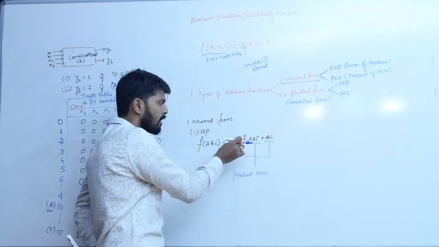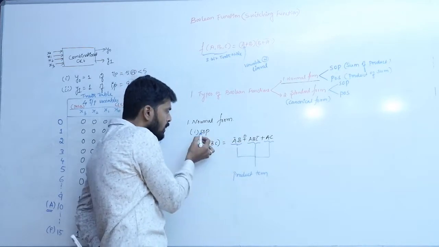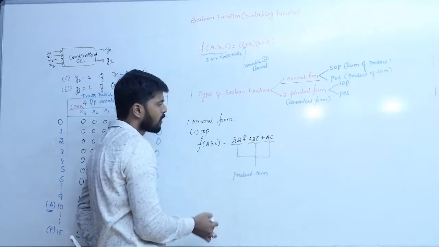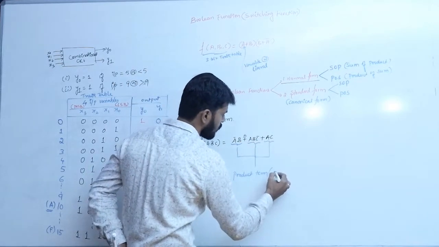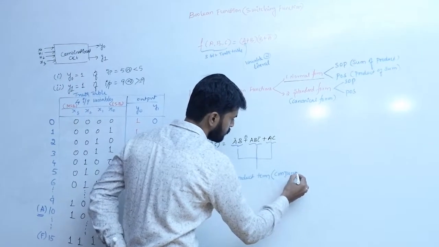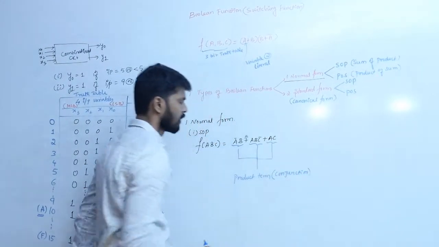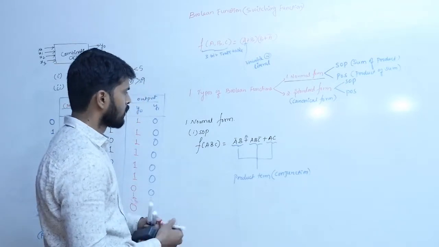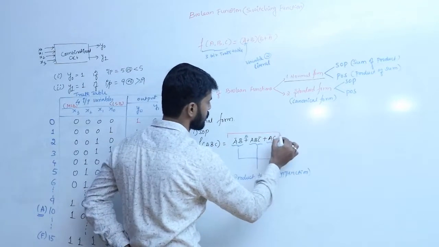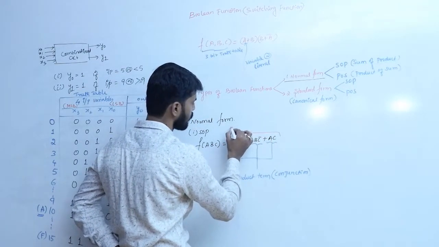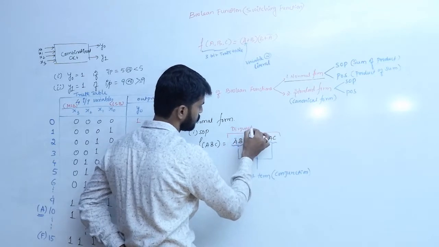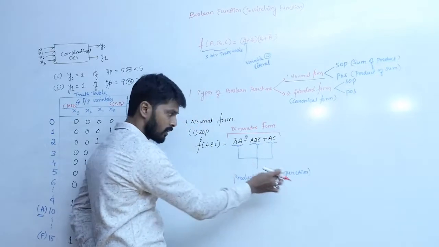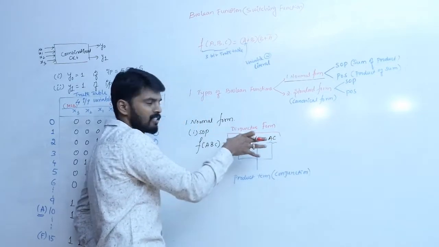These product terms get added with the plus operator, so that's why it's called sum of products. We are summing these products, and these terms are called conjunctions. The complete equation is in disjunctive form. The terms are in conjunction, but the whole equation is in disjunction form.